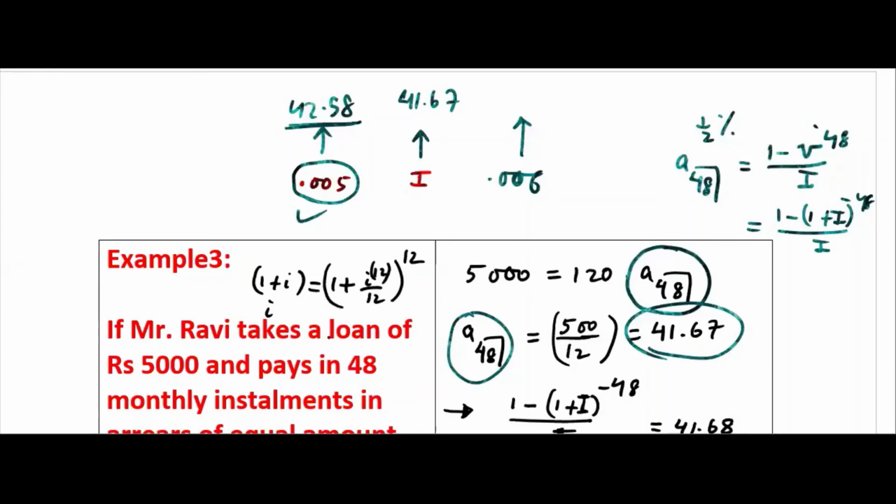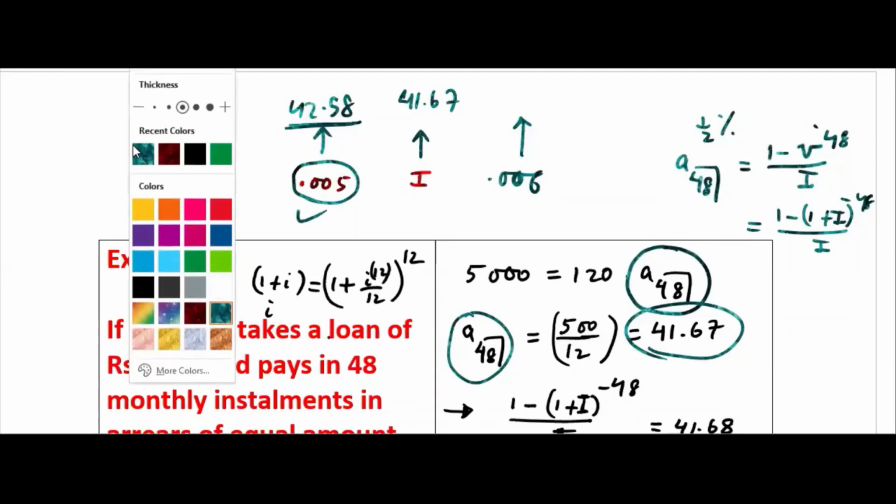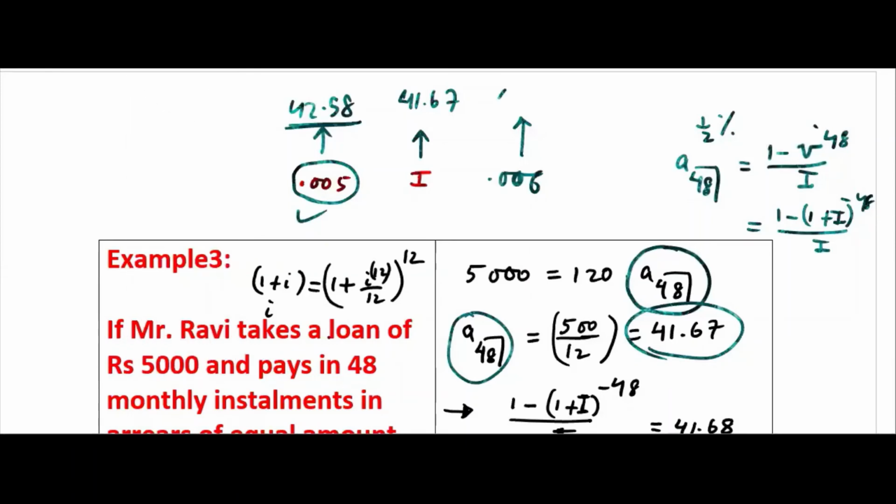I got 41.59. Oh, I'm fortunate enough. Though the answer will be around this only, because this one is very close to this one as compared to this. My answer will be close to this one.